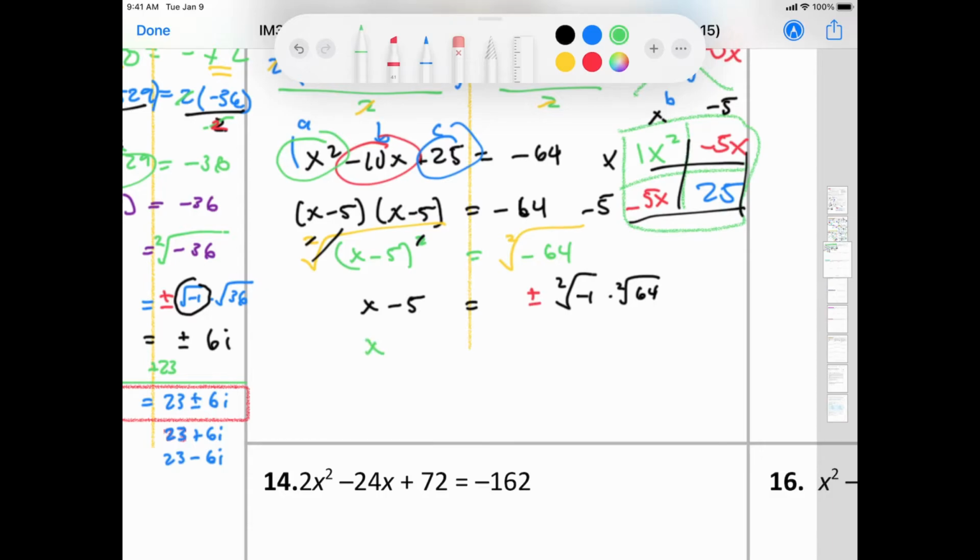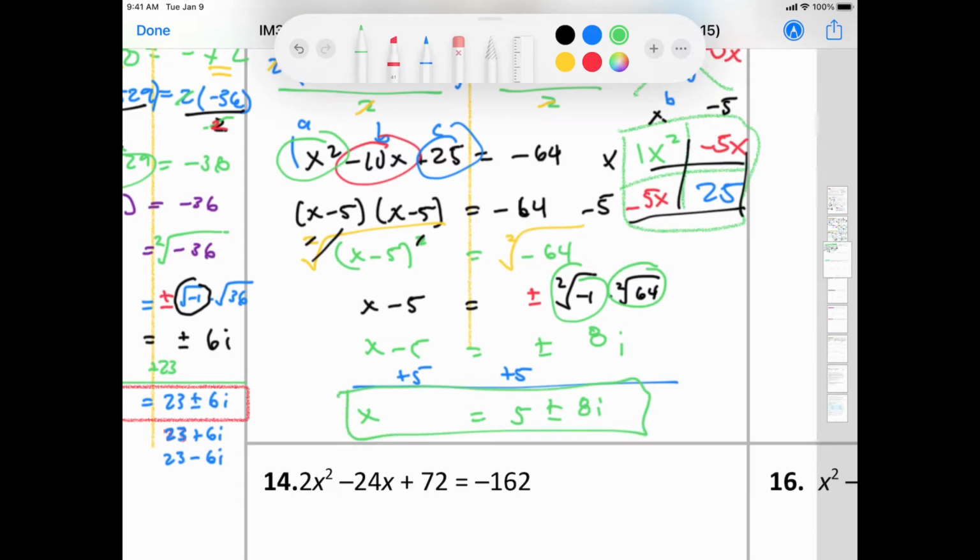This becomes i. And then the two identical numbers that multiply to be 64 are 8. And then I just want to add 5 here. Remember, this goes to the left, to the left, to the left. x equals 5 plus or minus 8i is our answer. Remember, that's two solutions there.